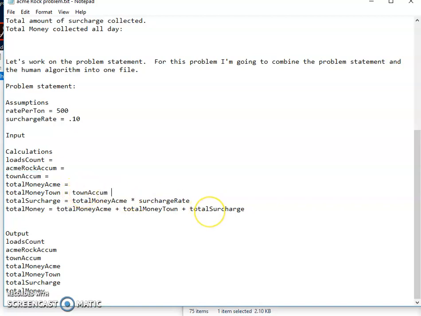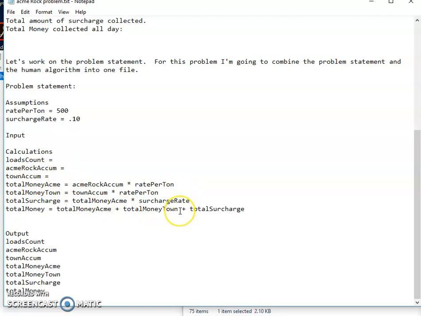Control-V, and I'm going to multiply that by the rate per ton. Okay, and then money for Acme is going to be the same thing. It's going to be how much rock, Control-C, Control-V, and we're going to multiply that by the rate per ton. We made this a little easier. You didn't have to have a different rate for each one.